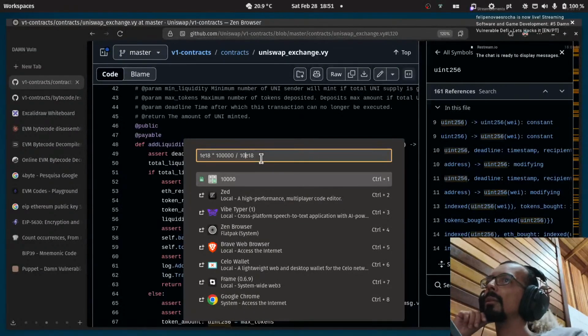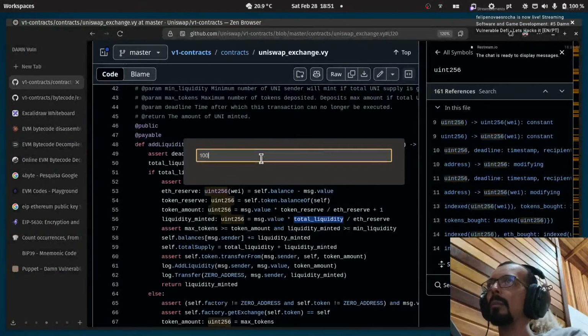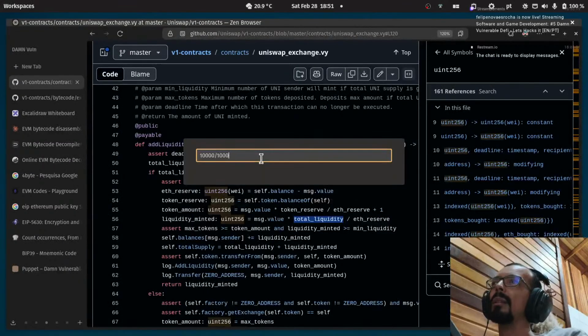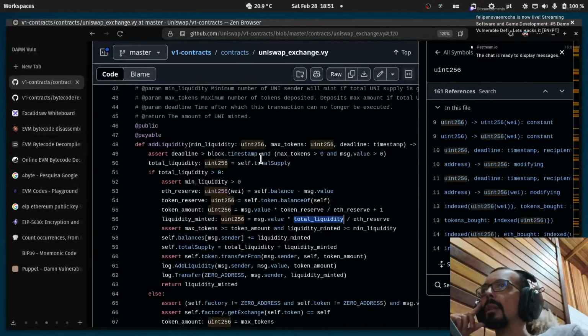So you get 10,000 as liquidity minted. And that's why, because when you're going to take back, that's going to represent 1 or 10% of the liquidity.